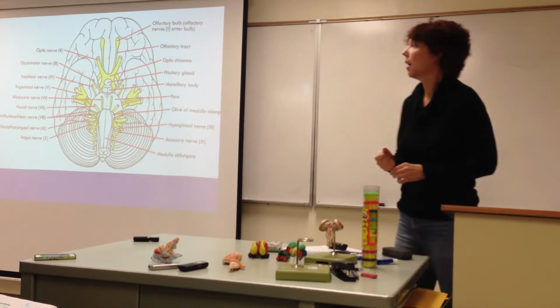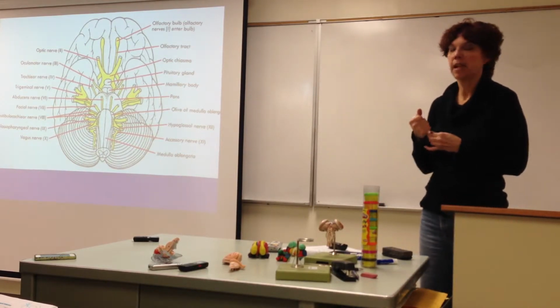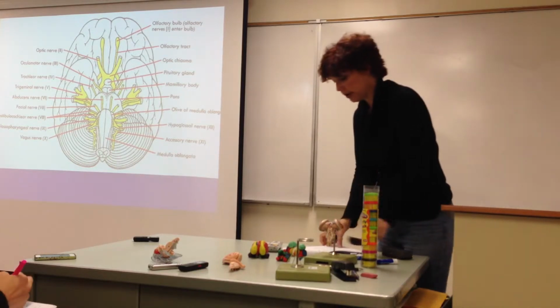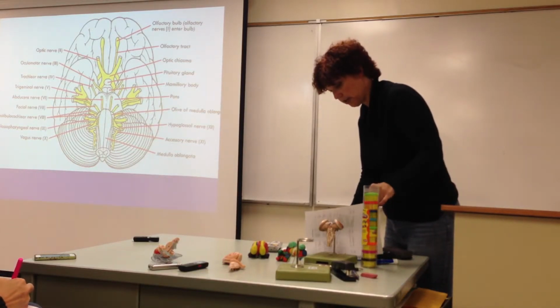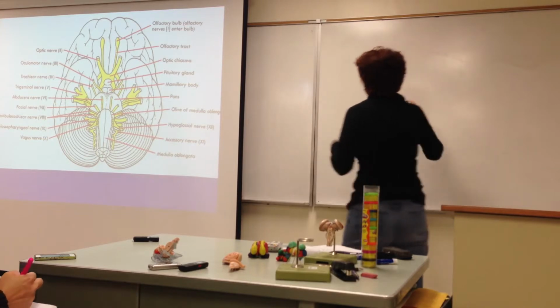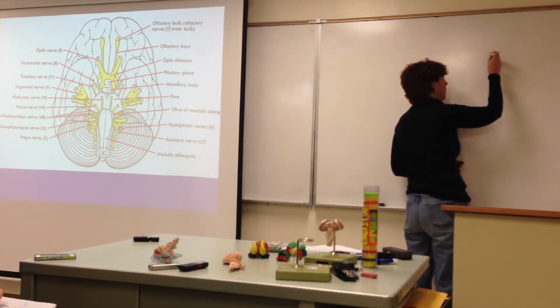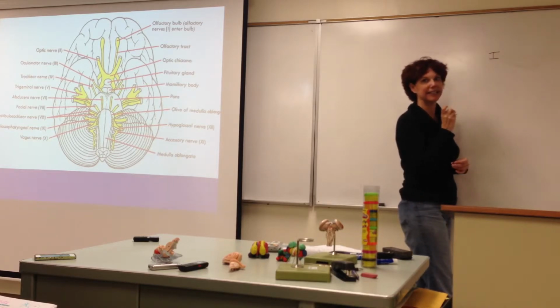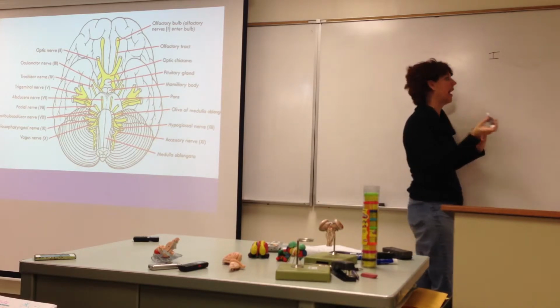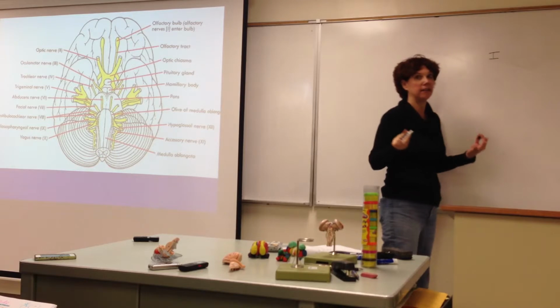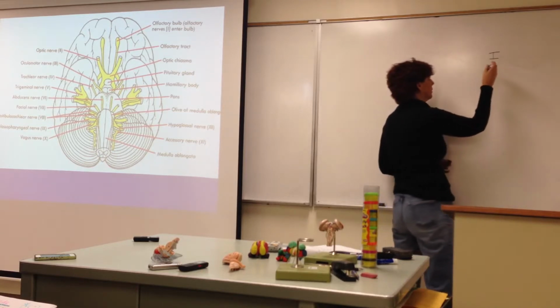No, I mean that picture. Oh, well, as you look at each, I use a different picture. So 1 through 12 are the numbers for the cranial nerves, and if you're not sure what Roman numerals are, they're the ones that look like this, where an X is 10 and a V is 5. You'd be surprised, I found a number of people that don't know what Roman numerals look like.